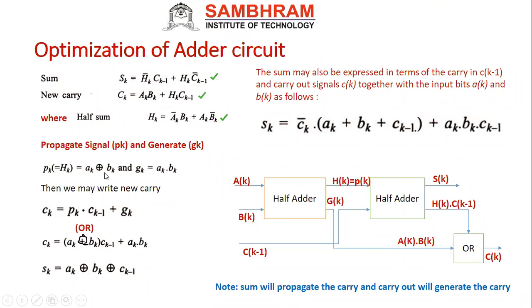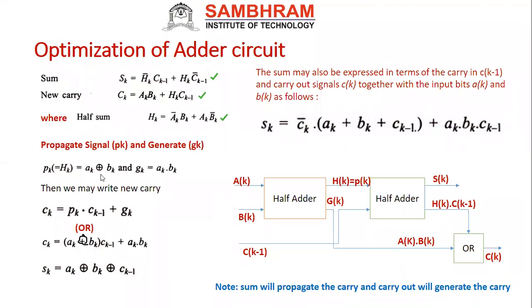But normally, as you might have studied in digital electronics, we can alternately write A plus B also. If you consider only the half adder, the propagation will be A plus B, and the generation is A dot B.